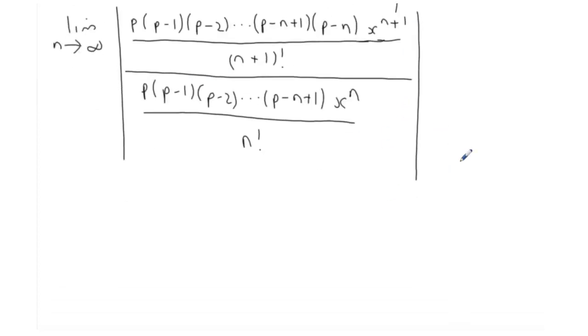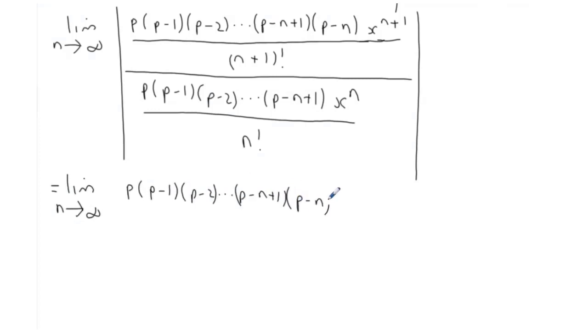So then we do our usual simplifications. x to the n plus 1 is x times x to the n. So this now equals the limit as n approaches infinity of p minus 1, p minus 2, dot, dot, dot, p minus n plus 1, p minus n, and we've got x to the n plus 1, which is x times x to the n, all over n plus 1 factorial, which we're going to write as n plus 1 times n factorial.